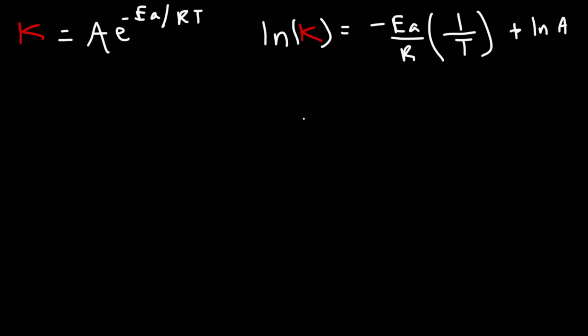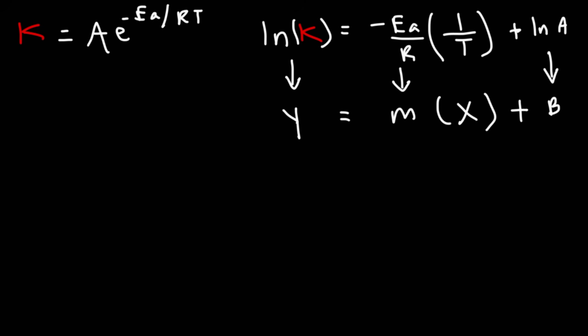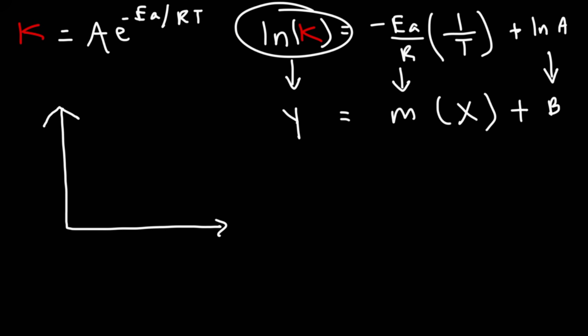Now, in this form, this is written in slope-intercept form. So y corresponds to ln k. The slope m corresponds to negative Ea over R. x corresponds to 1 over T. And the y-intercept, b, is ln A. So if you were to graph y versus x, where y is ln k, we'll put that on the y-axis, and 1 over T is x, so we'll put 1 over T on the x-axis, you're going to get a graph that looks like this.